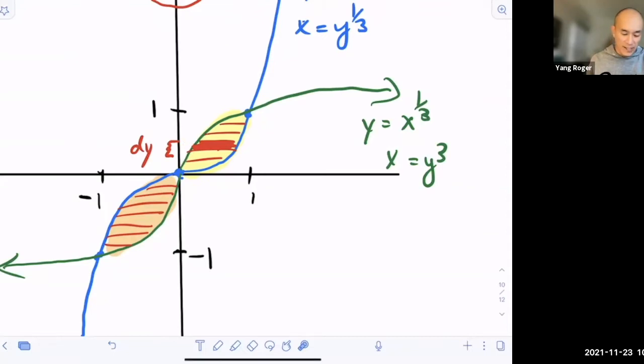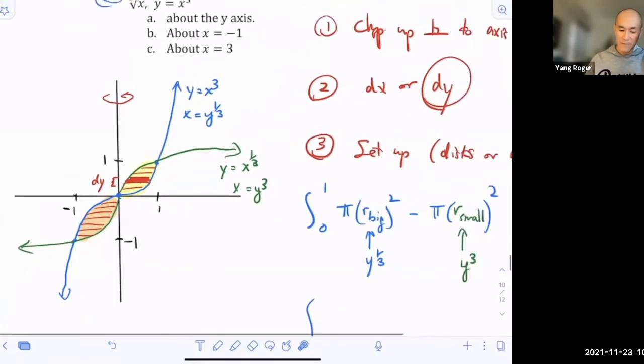And the big radius is going to be the distance from the axis of rotation to the graph that's further to the right, and the blue graph is further to the right. So that should be the big one. Does that make sense? Right. So the student says, oh, I see. I was looking at from the x.